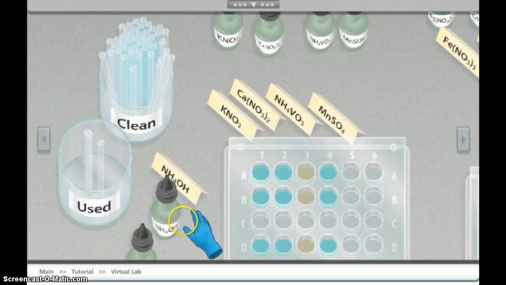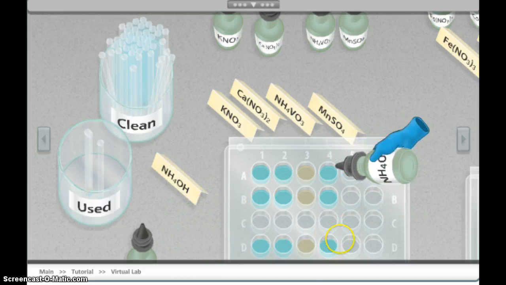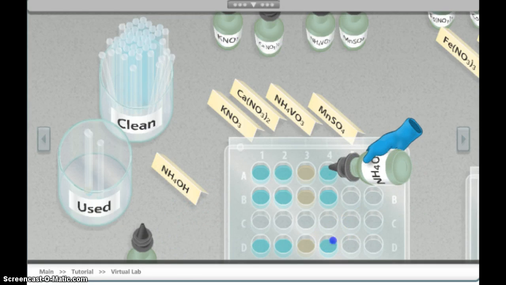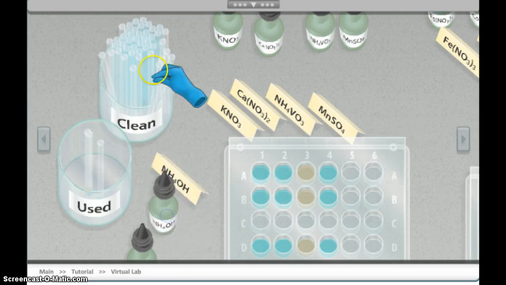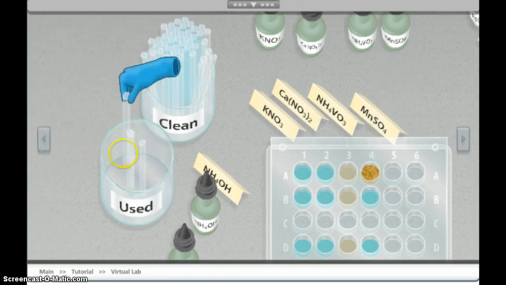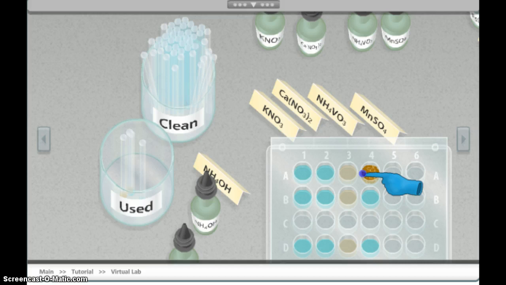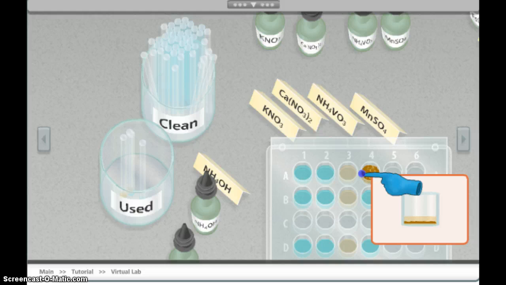All right, now let's try the manganese sulfate with the ammonia. And we'll stir it. Whoa! Something happened. All right, so let's look at our side view. And hopefully I caught that side view fast enough that you could see that the dark brown sank to the bottom. That's another sign of a precipitate.